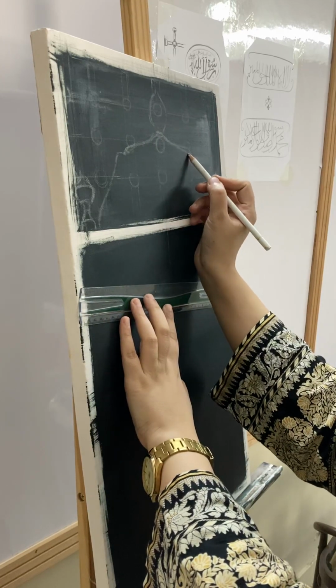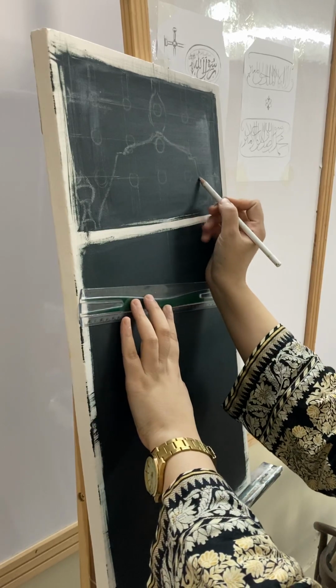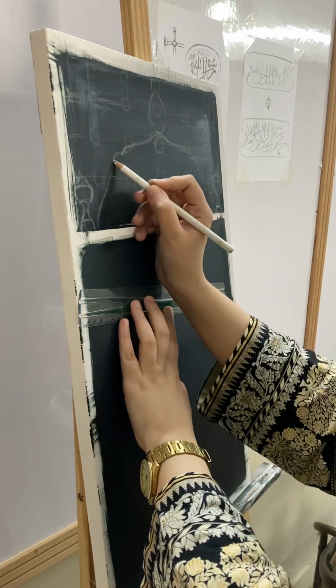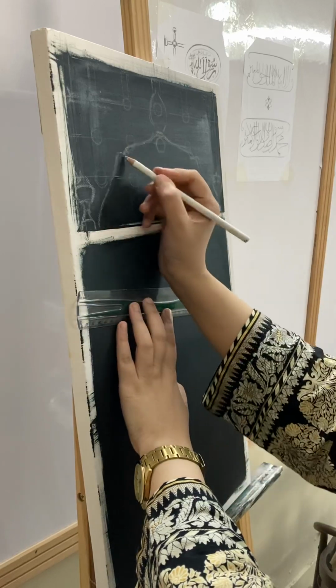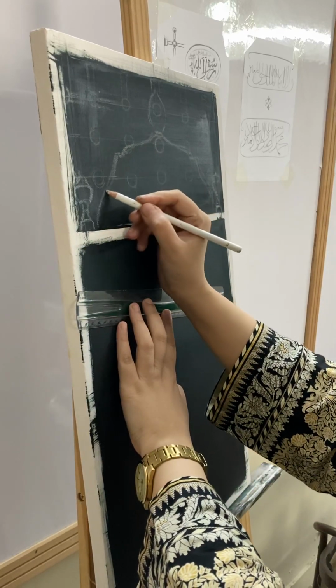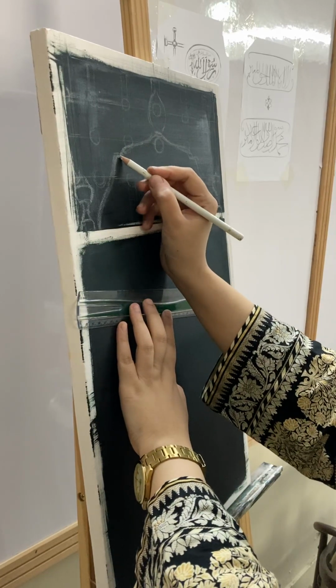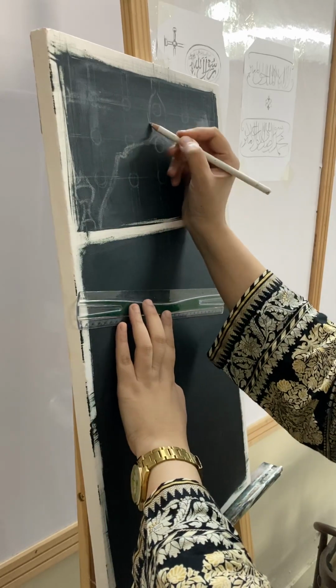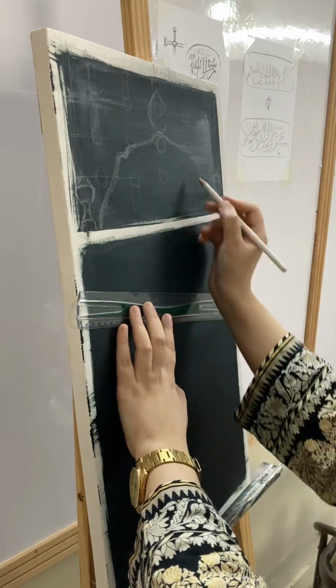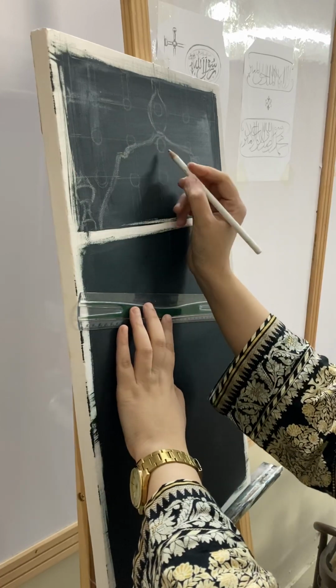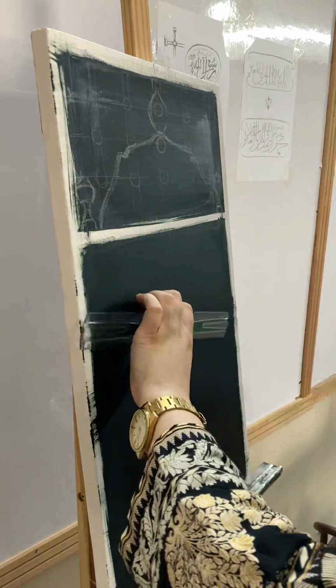Or maybe I'll just not extend this too much. I just have to make it a little bit closer to this architectural area. And here we have this moon, and now this calligraphic portion, Allah, will come in the center.